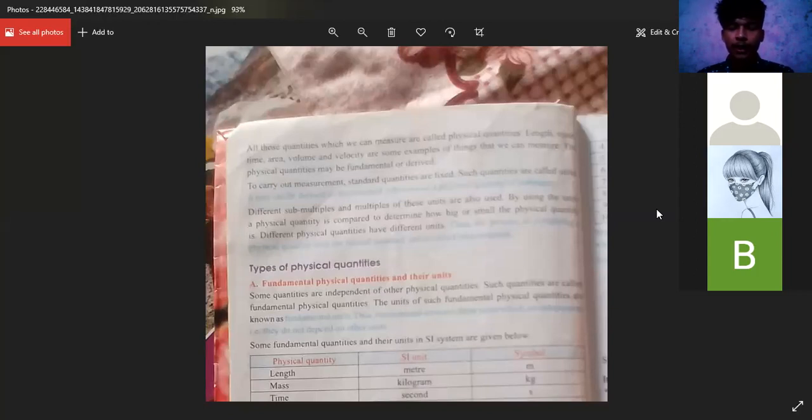That's the definition. As examples, write: knowledge, the first one; thinking, the second one; feelings, the third one. You cannot measure the feelings. Anger, you cannot measure that. Love, you cannot measure that. Those are the non-physical quantities. So you can copy it down by yourself.